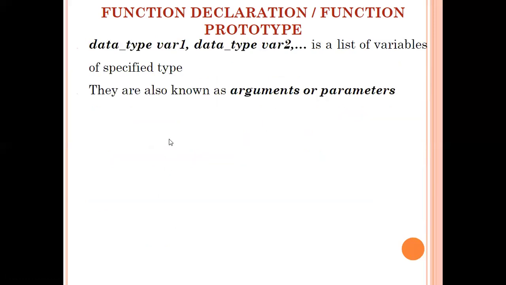And next one, data type, variable 1, variable 2. This is nothing but a list of variables, that is arguments or parameters, and it is given along with the data type. We already saw that whatever values a particular function is going to accept are known as arguments or parameters.